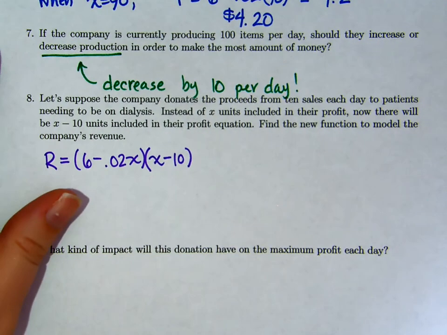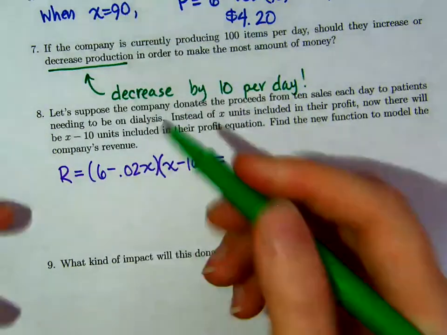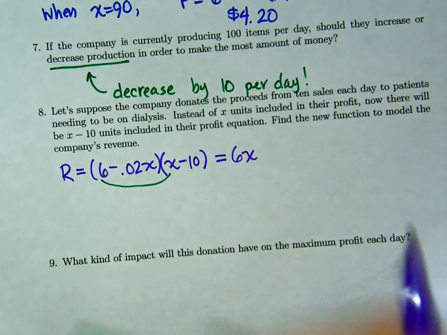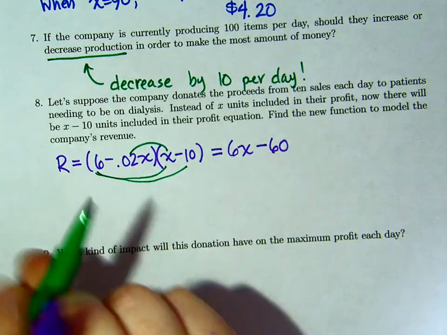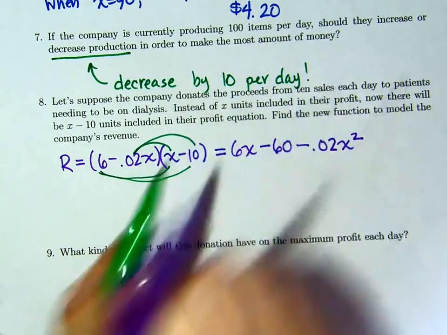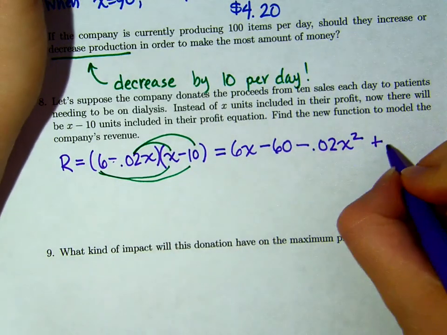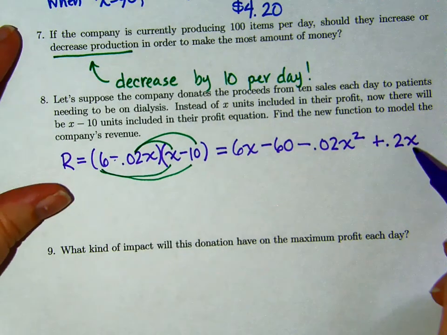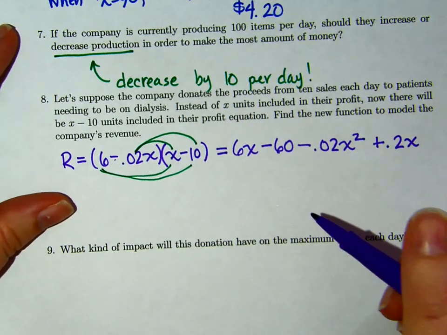So, here we go: 6x minus 60 minus 0.02x squared, x by x, remember, and a negative times a negative is a positive, plus 0.2x, because 10 hundredths makes a tenth.